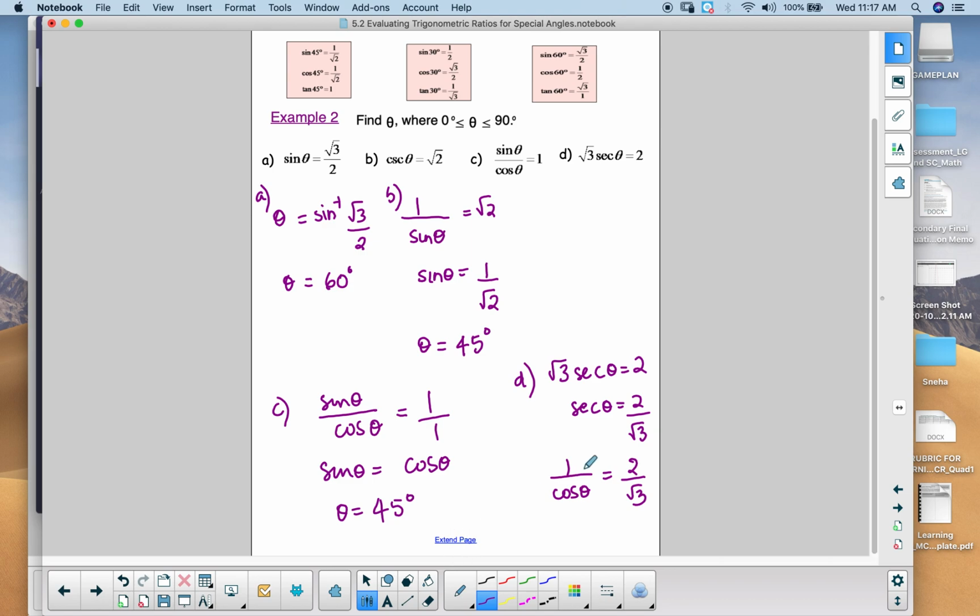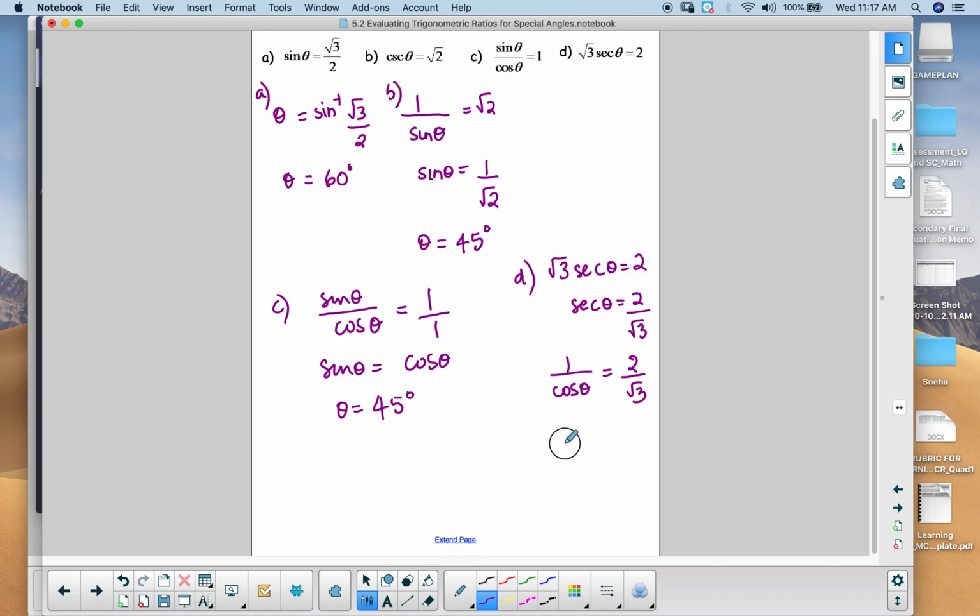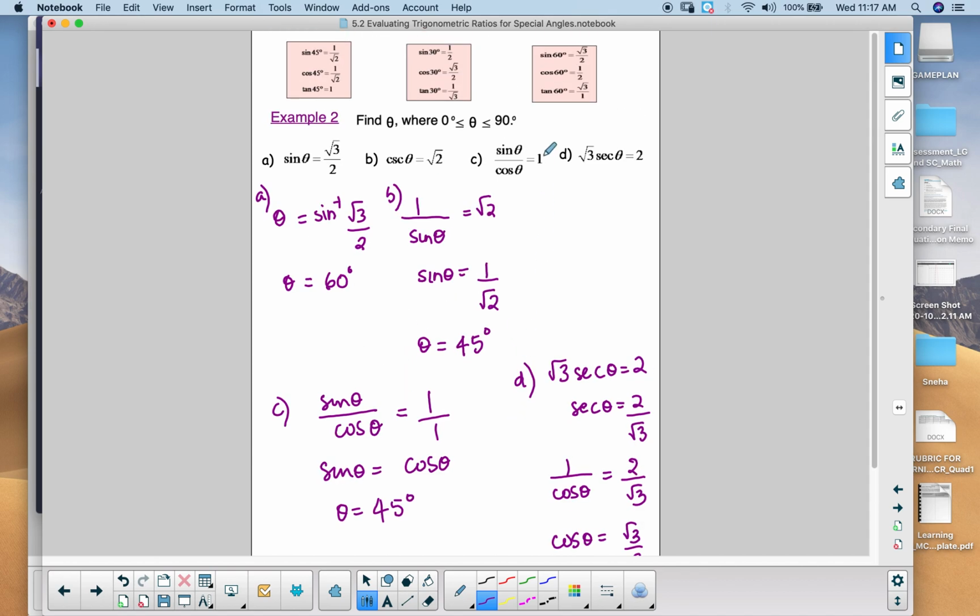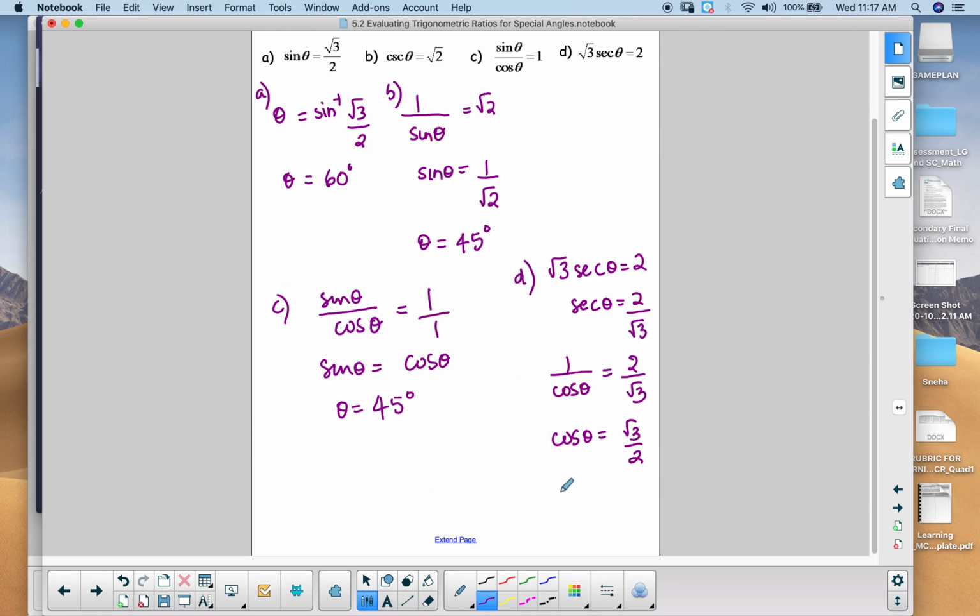So if you flip this, you would get that cos theta would be the flipping of the right side, which is root 3 over 2. And which trig ratio has cos theta as root 3 over 2? Well, if you look at our table, it's the 30 degrees. Cos of 30 is root 3 over 2. Therefore, theta equals 30 degrees.